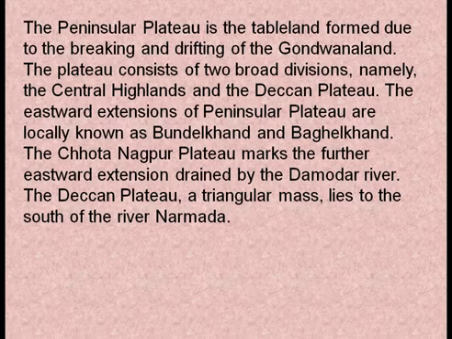The eastward extensions of the peninsular plateau are locally called Bundelkhand and Baghelkhand. The Chota Nagpur plateau marks the further eastern extent, drained by the Damodar river. The Deccan plateau, a triangular mass, lies in the south of the Narmada river.